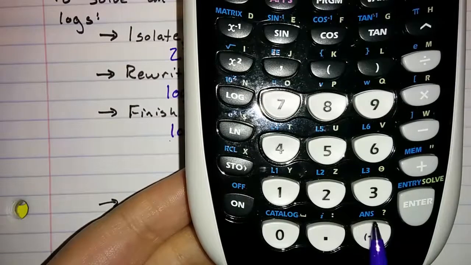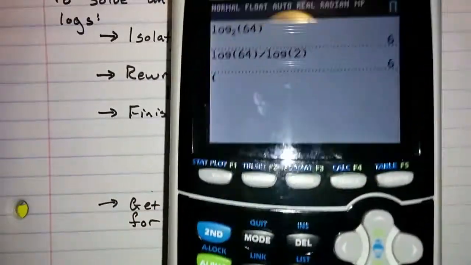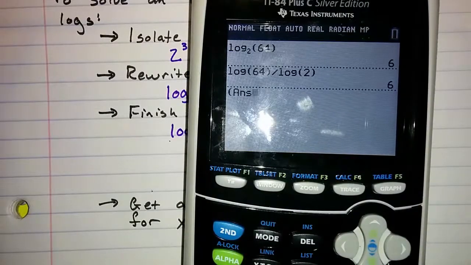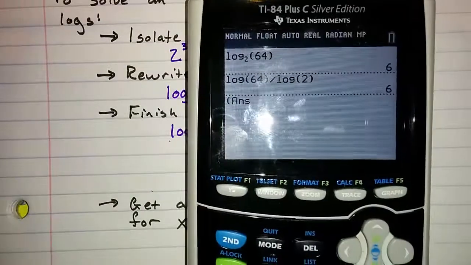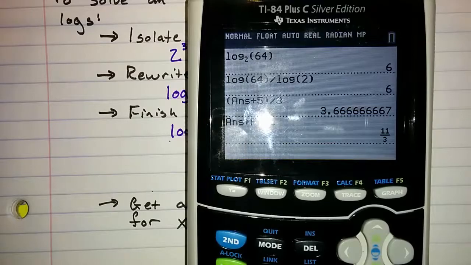That puts in the answer to the last thing I calculated. So I'm going to hit second and then the minus sign to get answer. Plus 5 divided by 3. And I happen to know that this is a nice fraction, 11/3.